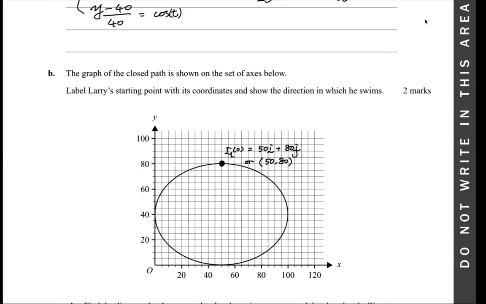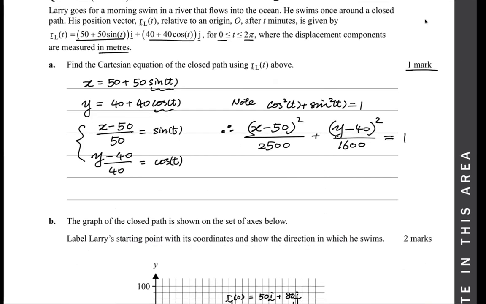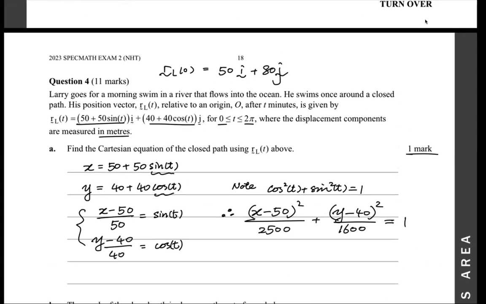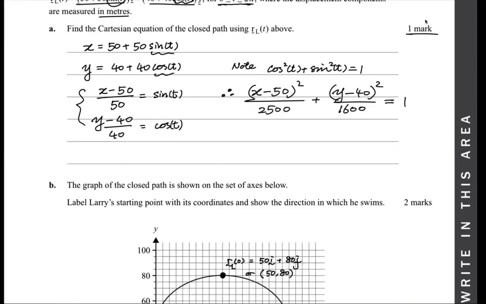Now, which direction is Larry going? I believe we could also try another special value because we just take values from 0 to 2 pi. Just take half pi. If you take half pi, sine t will be 1, okay? Then you will get 100i. Cosine half pi will be 0. That is 40j only, okay?